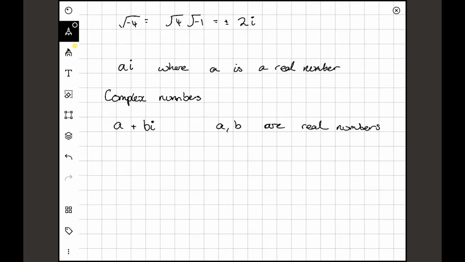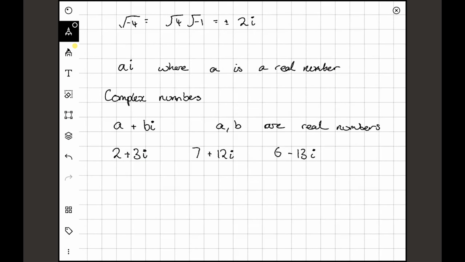So to give you some examples, we might have 2 plus 3i, or we might have 7 plus 12i, or we might have 6 minus 13i. This first part is called the real part, and this second part, the b part, is called the imaginary part.